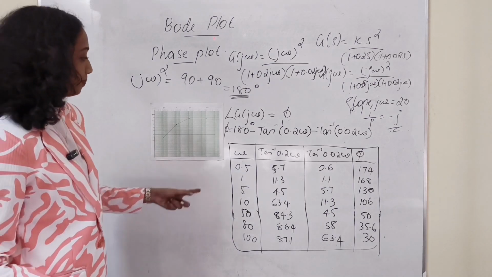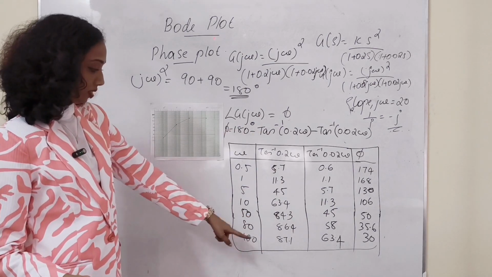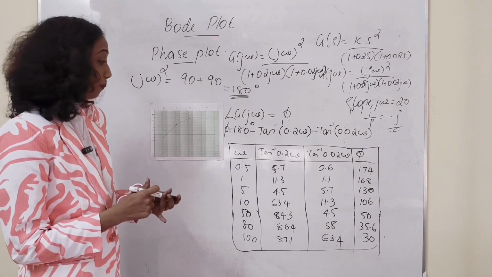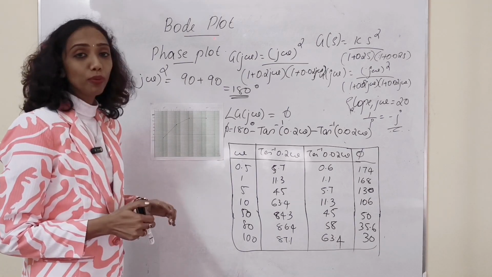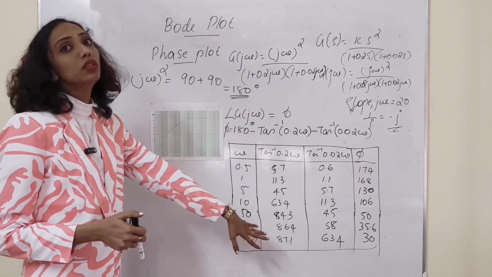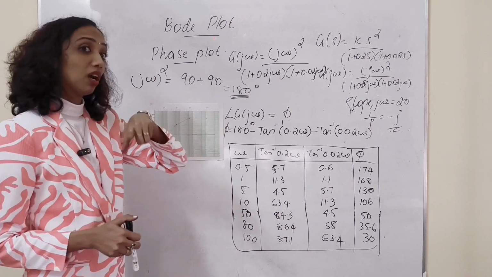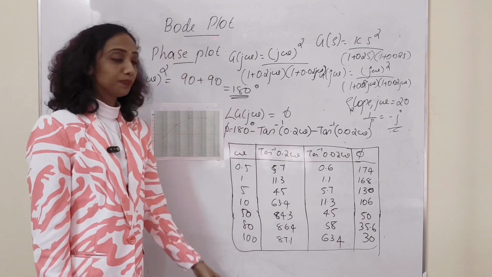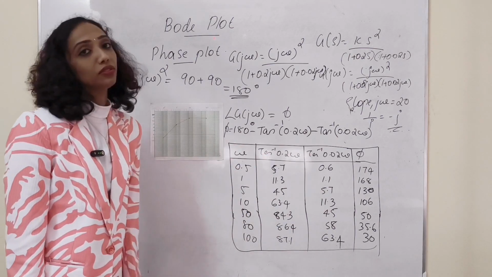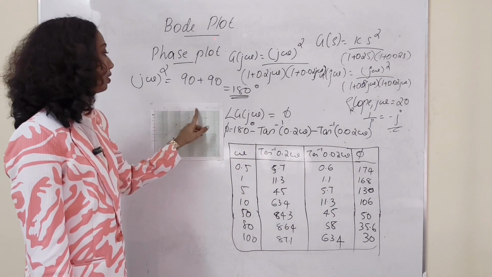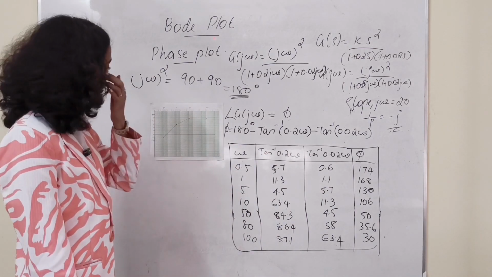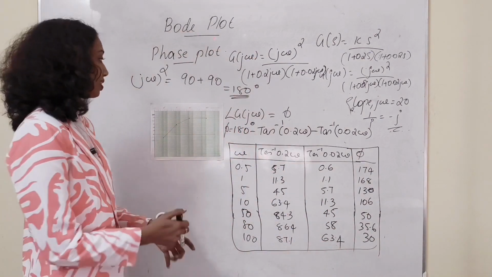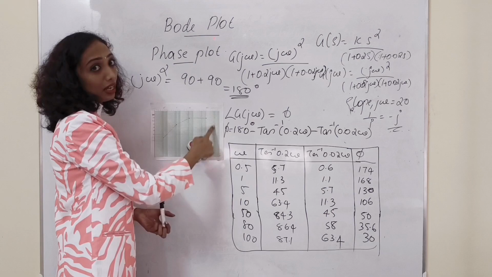I got the values and wrote them here. Then we are going to plot omega versus this phi. Omega is already in the graph, so we need to assign the values of phi on the right side.